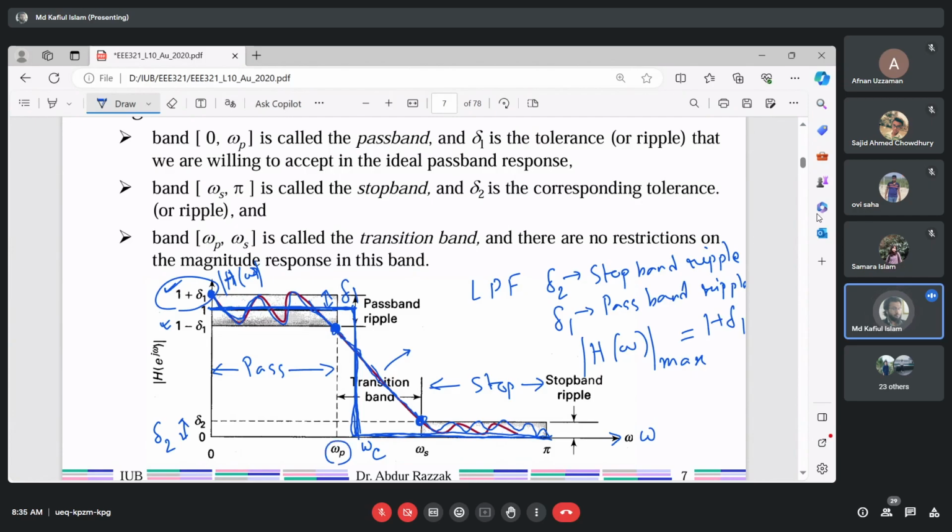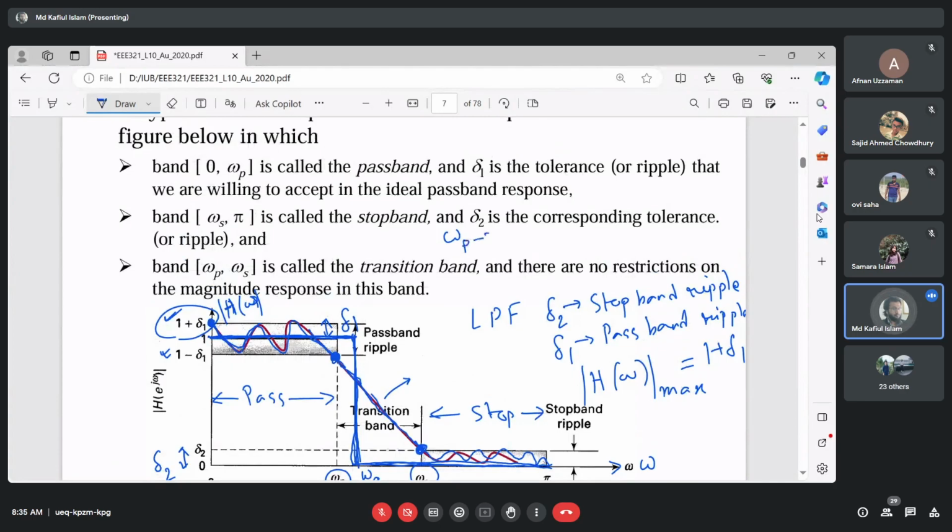So this is omega p. And the starting of the stop band is at the frequency known as omega s. Omega p is known as the pass band angular frequency, or in general pass band frequency. And omega s is known as the stop band frequency.